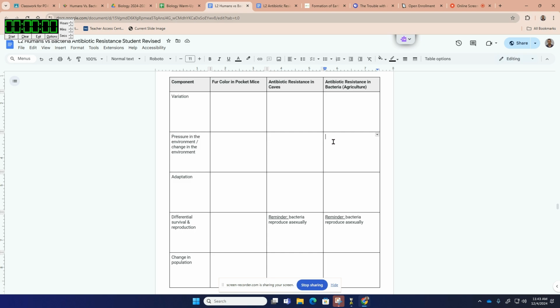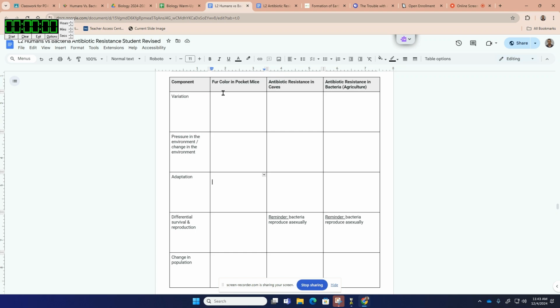And then the environmental pressure in agriculture is the farmers using antibiotics to keep the birds safe, to keep the pigs safe, to keep everything safe. So it's the farmers applying the antibiotics on the farms. So then what trait adaptation is helping with this pressure?